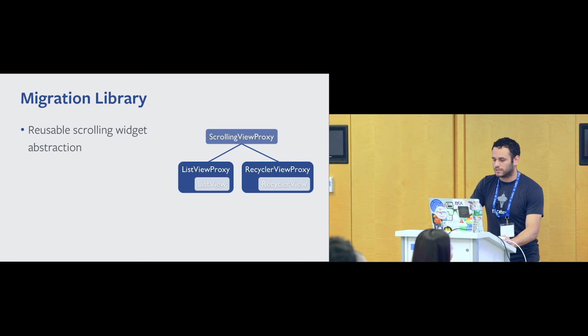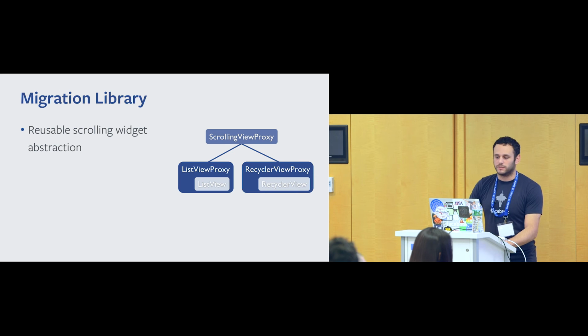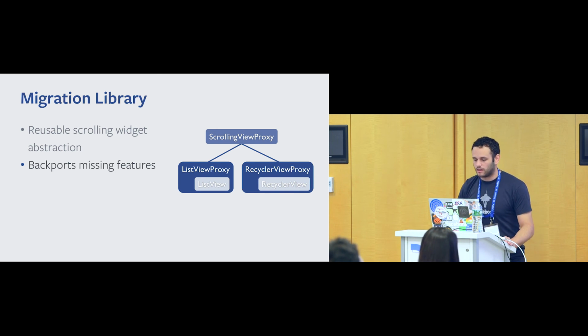The way this works is that scrolling view proxy has all the same method signatures as ListView, so it's easy to swap it in. And then RecyclerView proxy is doing all the heavy lifting of mapping ListView methods to RecyclerView methods. To make the migration easier, we backported some of the missing features from RecyclerView, such as the on-item click listeners and the header and footer views, and those are implemented in the RecyclerView proxy class.